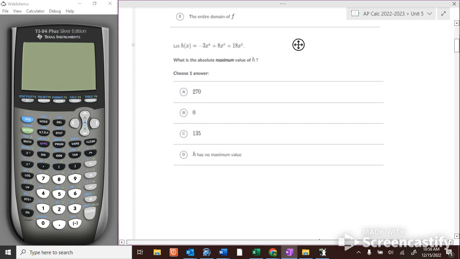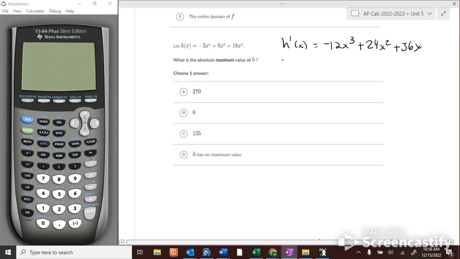All right, what's the absolute maximum of this function? Well, to find the absolute maximum, take the first derivative of the function. So the first derivative is negative 12x to the third plus 24x squared plus 36x.